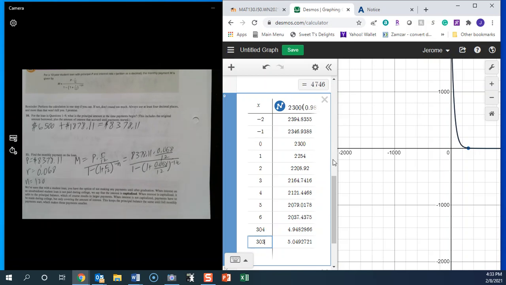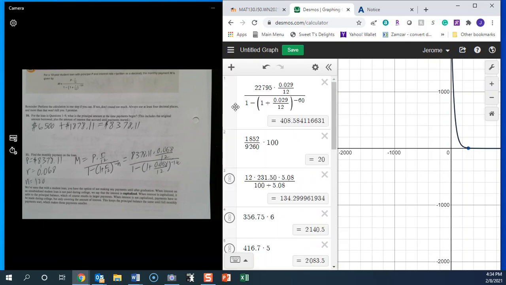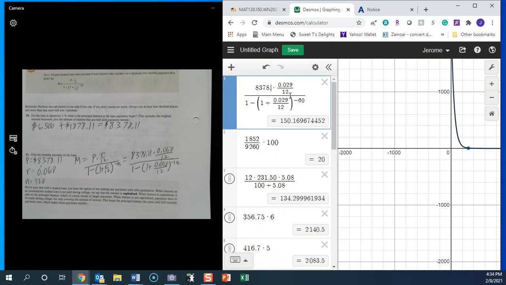Now, remember how I told you all what's nice about Desmos? If we go back up here, remember this was the monthly formula. All we have to do here is just change some of these numbers. We don't have to retype in the whole formula. So we would put in the $8,378.11.